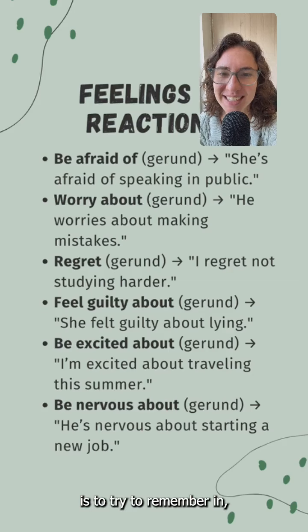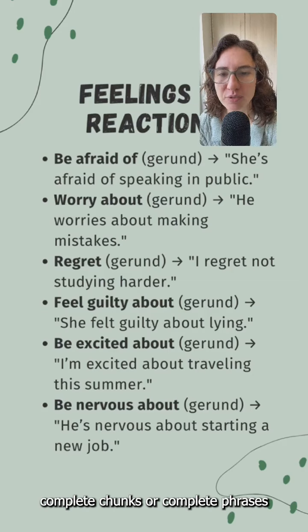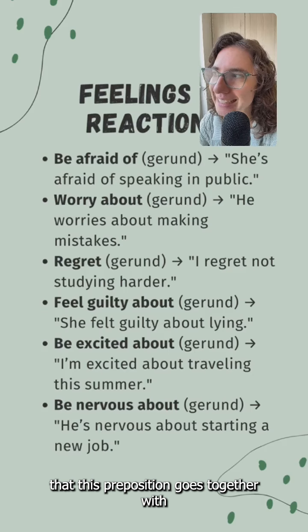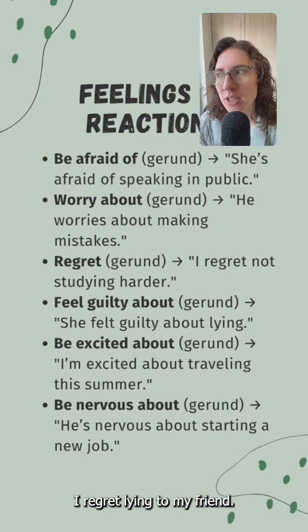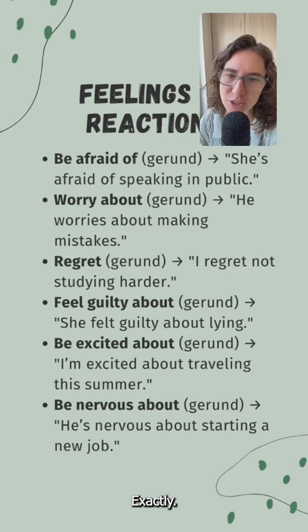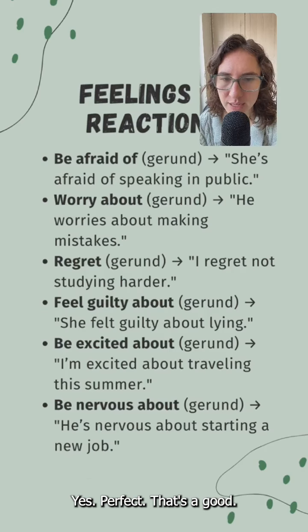I regret not graduating sooner. I feel guilty about telling him how I really felt. I'm excited about learning English today, right? All of these are going to have the ing verb after words.